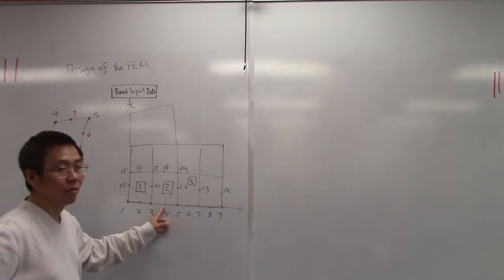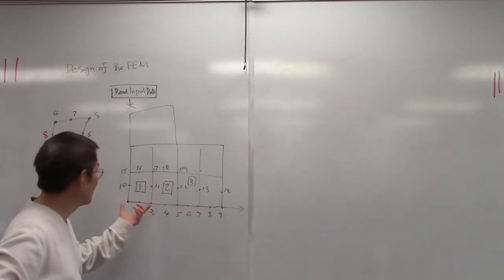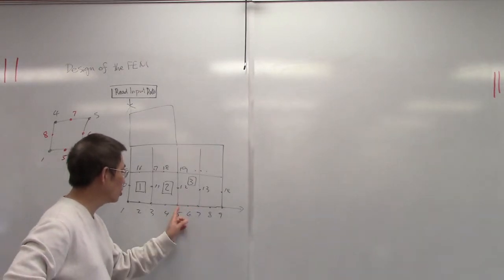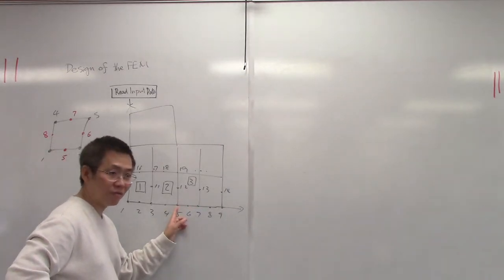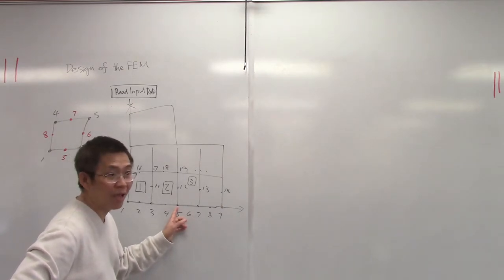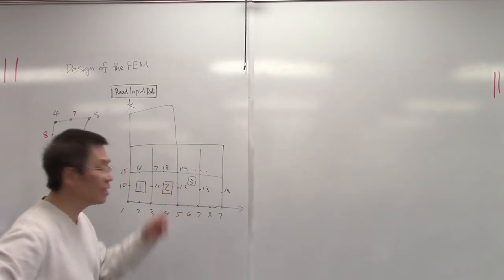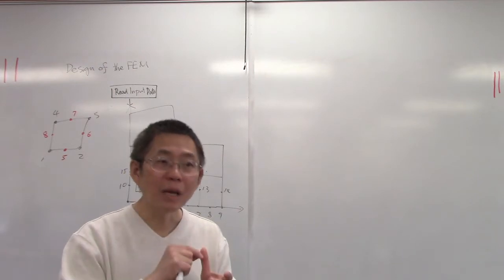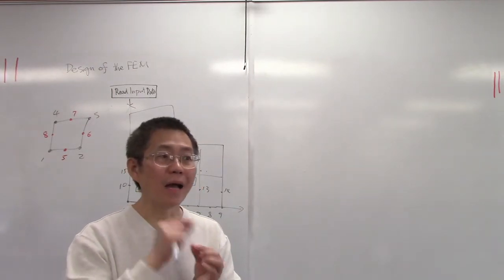This will be 1.5. So that's when you use a uniform mesh. If the mesh is not uniform, this may be larger, and so that will be node 5, and the coordinate may be something like 3.8, and then the y coordinate is 0, something like that. So every single node will have its node number and the x and y coordinates.